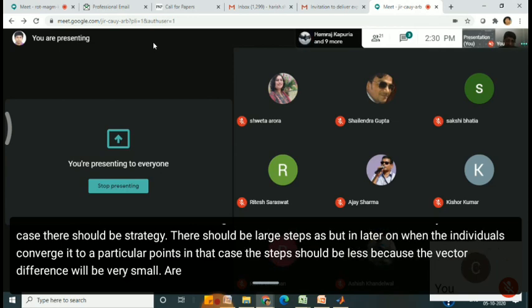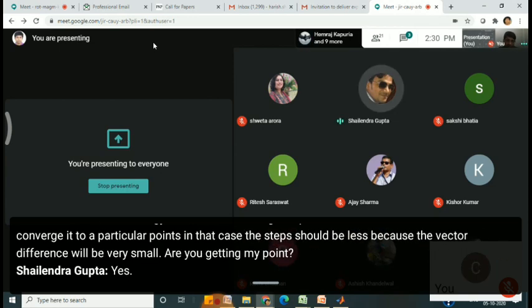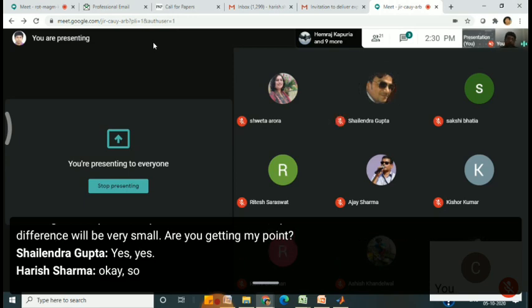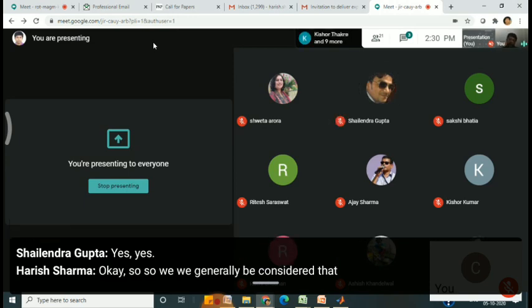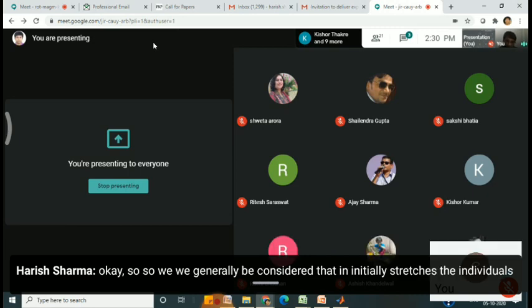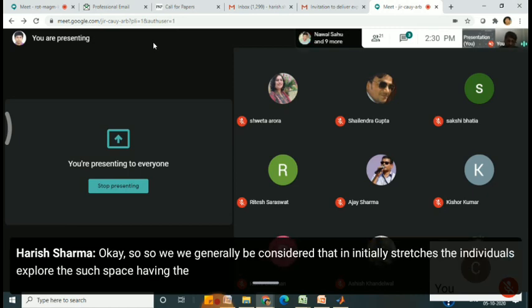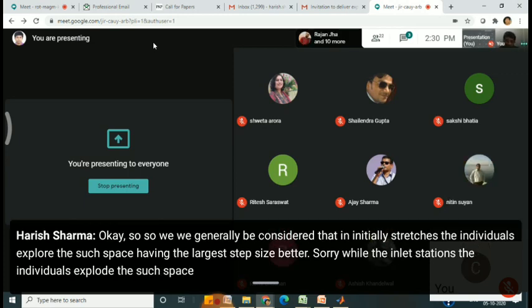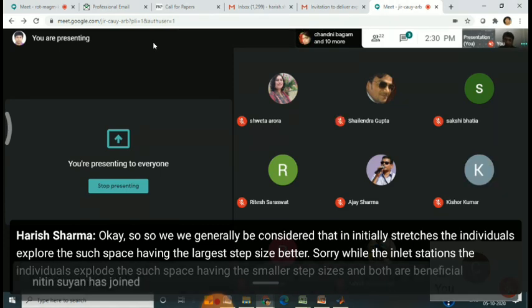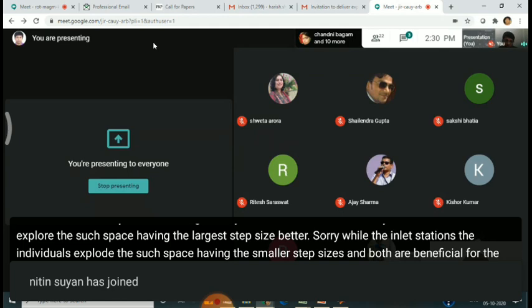Are you getting my point? Yes, sir. So we generally consider that in initial iterations the individuals explore the search space with a large step size, while in later iterations they explore with smaller step sizes, and both are beneficial for the solution search process of the individuals.